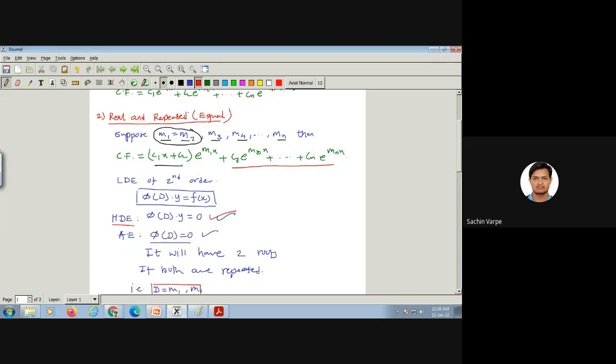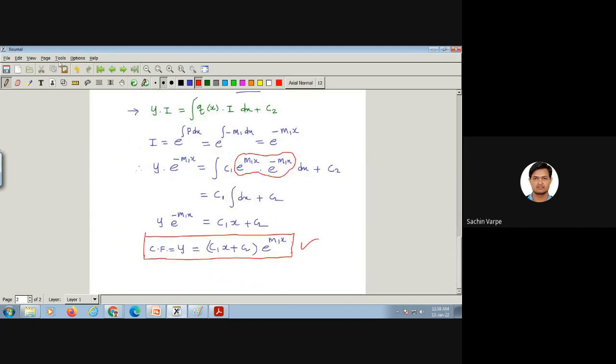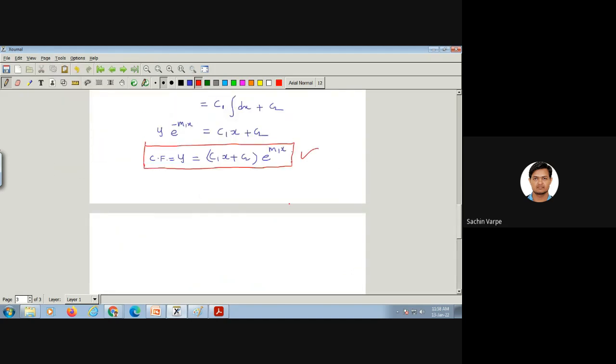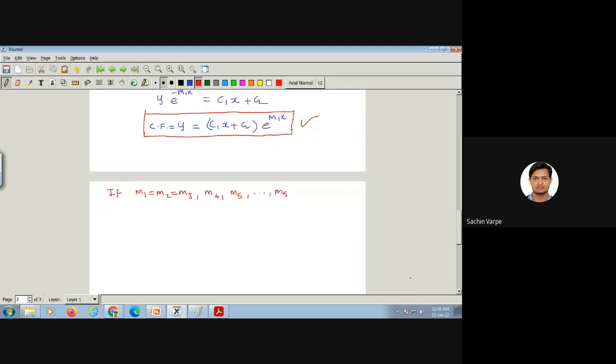अगर root 3 बार repeat होते हैं, so we will do the same thing. So, I'm giving you the formula directly now. If m1 equal to m2 equal to m3 and the rest of the roots are non-repeated, then what is the formula? कौन बताएगा क्या होगा फॉर्मूला कॉम्प्लीमेंट्री फंक्शन का? CF is equal to c1 x square plus c2 x plus c3. जितनी बार रिपीट हो रहा है उतने आर्बिट्ररी कांस्टेंट्स आ रहे हैं ब्रैकेट में.